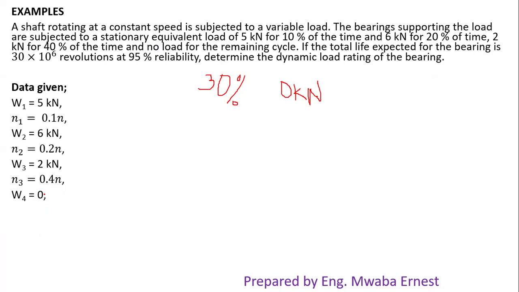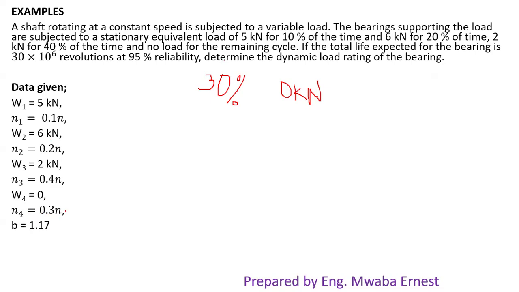It's as simple as that. N4 is for the remaining time. All this took up 70%, 0.7, meaning I remained with 30%, which is 30 over 100, giving me 0.3. So hence I have 0.3 N. That's my N4.